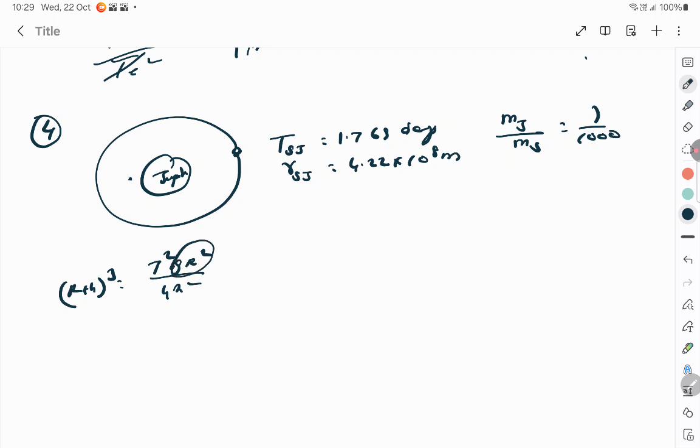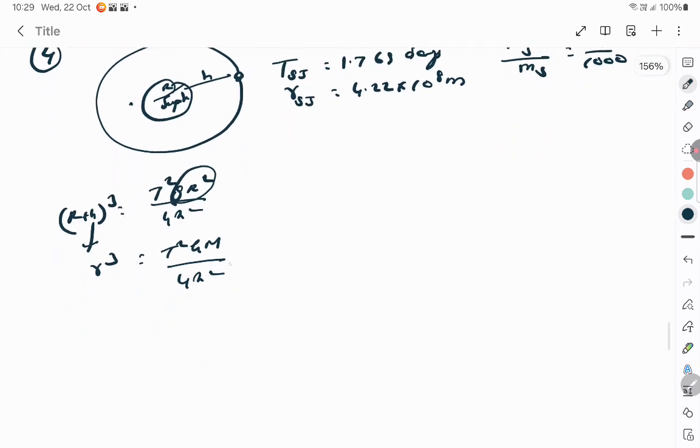Instead of G R square you can replace it with capital G into M by 4 pi square, and this can be called R cube, because R is the radius and H is the height from the surface. And so thus you have a relationship. What is T square therefore? It is 4 pi squared R cube by GM.